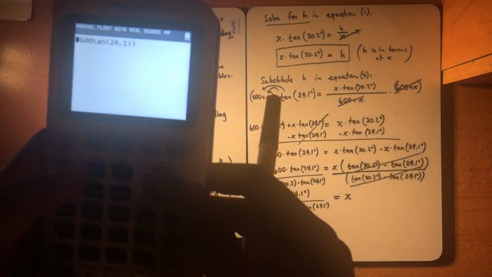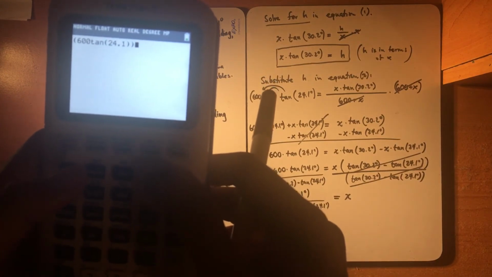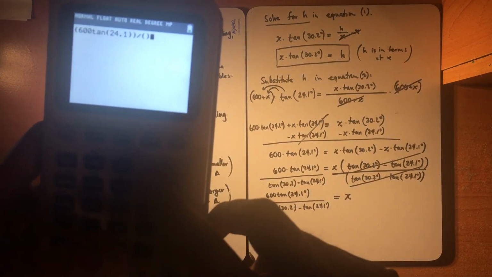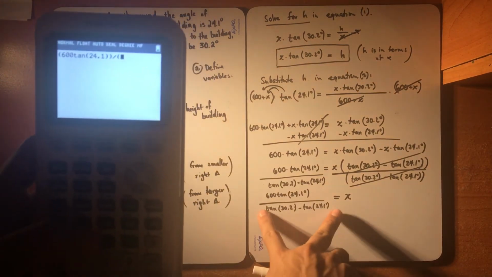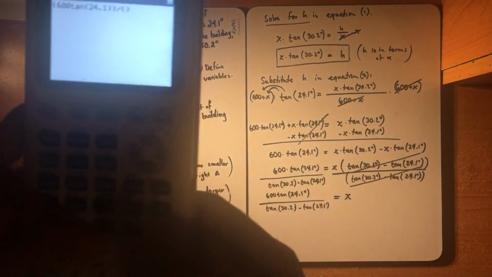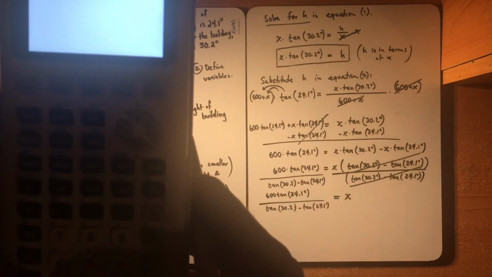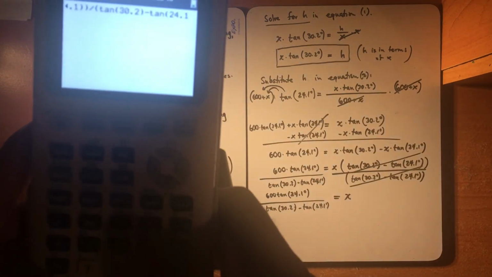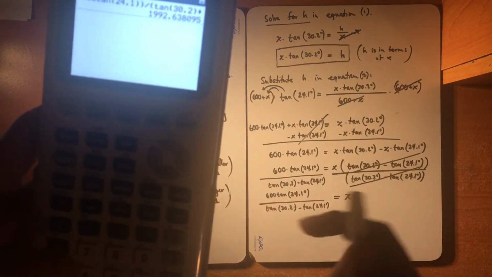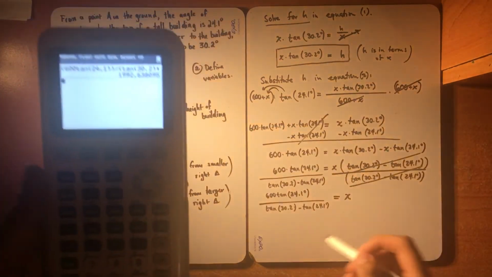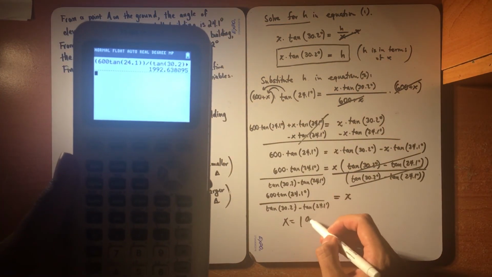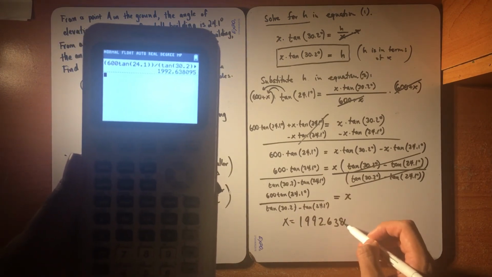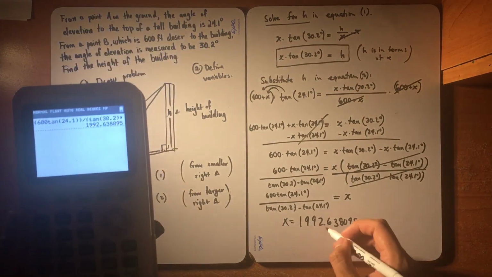So we can proceed. I have 600 tangent 24.1 degrees divided by, and make sure you put parentheses around your denominator. This is extremely important. Put parentheses around the tangent of 30.2 minus the tangent of 24.1. And when I do so, I get 1992.638095, and this is an approximation, of course.